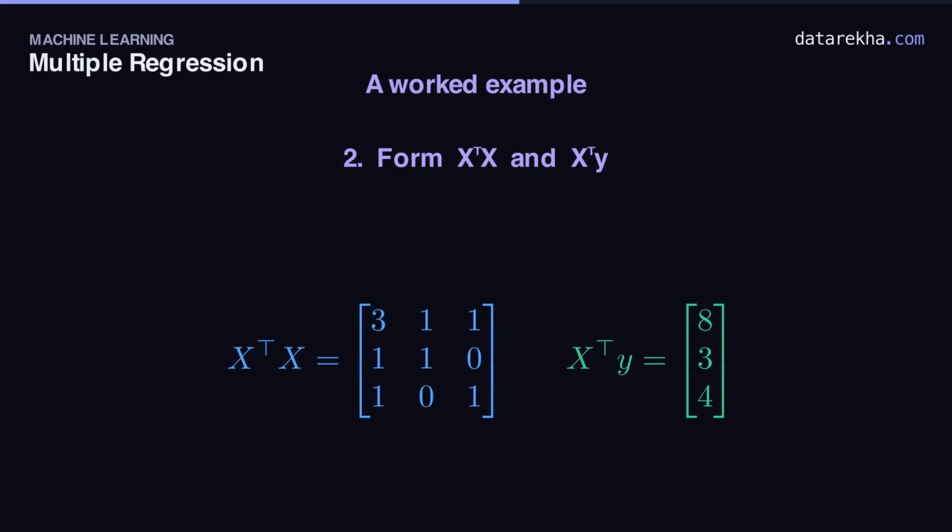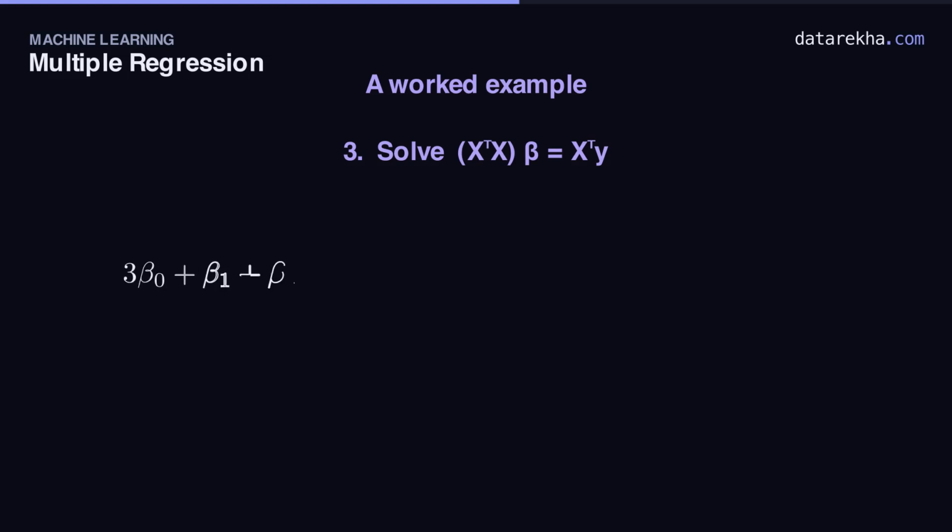Its top left entry is 3, because the ones column dotted with itself counts the examples. Fill the rest from the column dot products, and X transpose y comes out 8, 3, 4. Step 3. Solve. X transpose X times beta equals X transpose y is just this little system of 3 equations. 3 beta naught plus beta 1 plus beta 2 is 8.